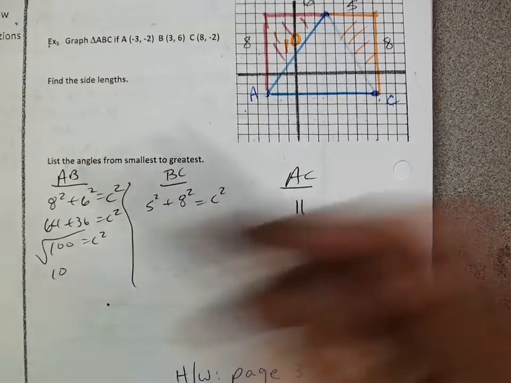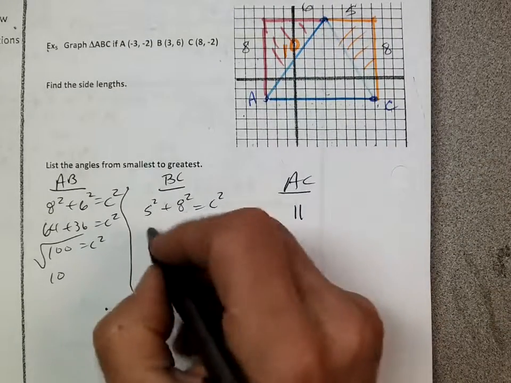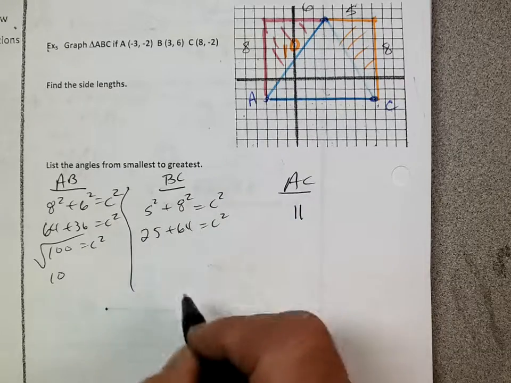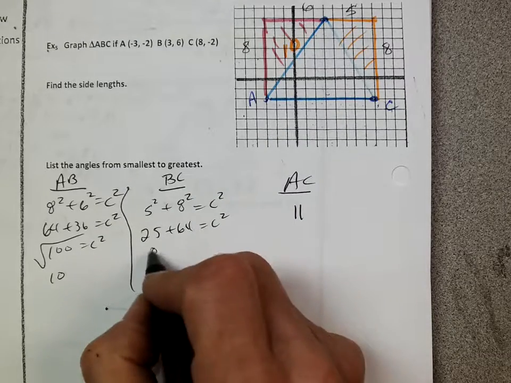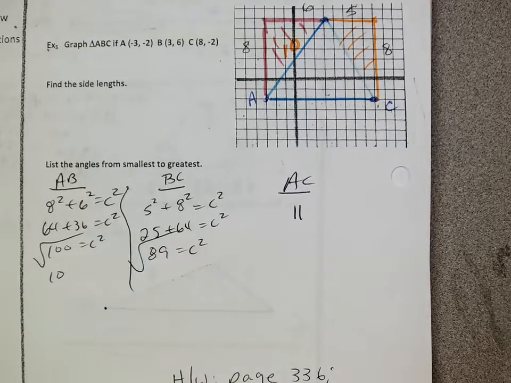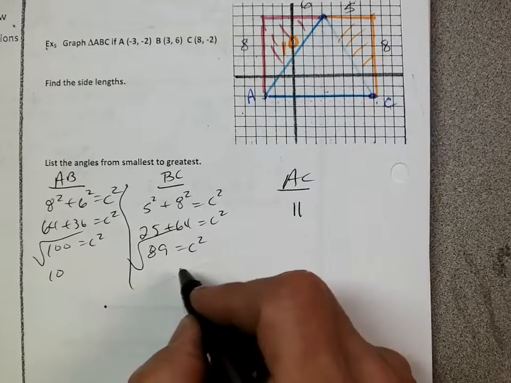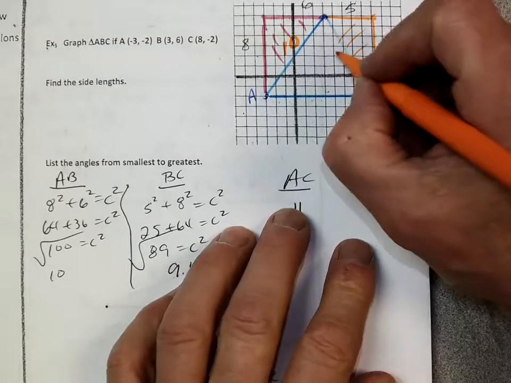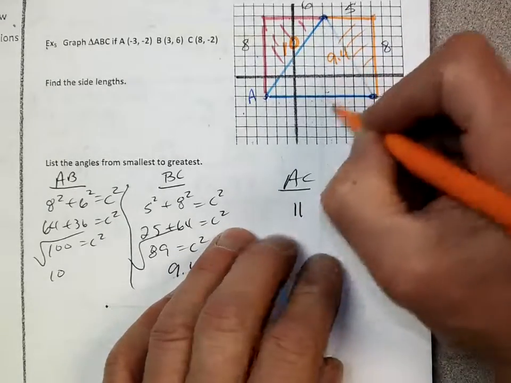Just doing my little Pythagoras theorem with this triangle. 25 plus 64 equals C squared. Let's see, what's that? 89. I'll take the square root of 89. I don't know. Square root of 89, that's what my calculator is made for, right? Thank you. Okay, so 9.4. So I got 10, I got 9.4, and I've got 11.